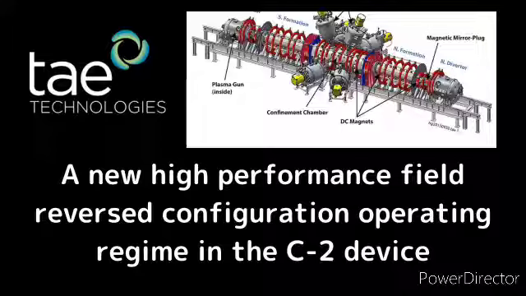FRC rotational stability is therefore a serious concern for C2 experimental plans. Without quadrupoles, the FRC is not axisymmetric as its cross-section deforms into an ellipse.